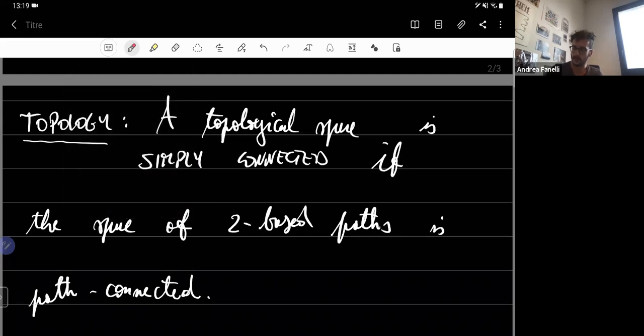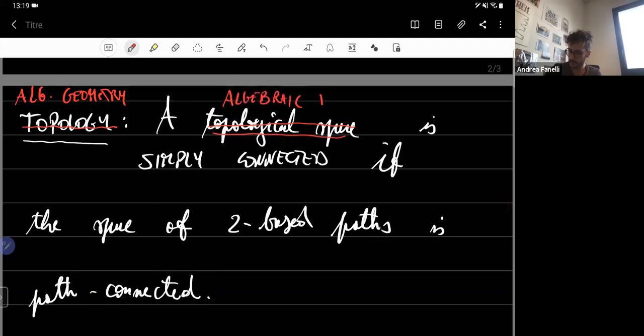Okay. So in algebraic geometry, you replace topological space with algebraic variety. It's going to be rationally simply connected.